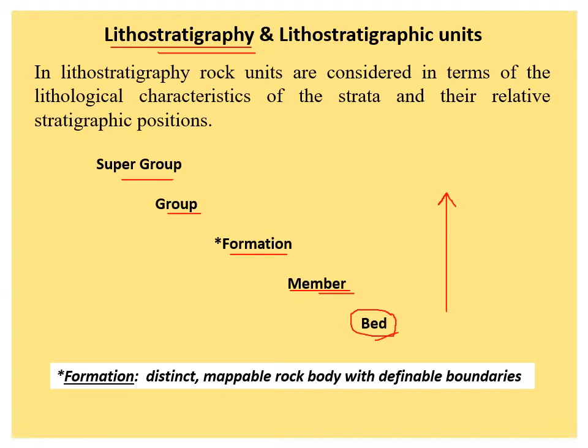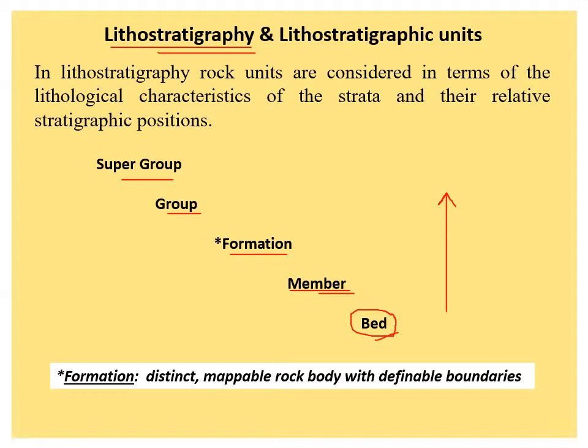Now, one common thing between each lithostratigraphic unit is that they have a certain lithological homogeneity. As you can understand, a certain number of beds together form a member. Which beds form a member and which do not?